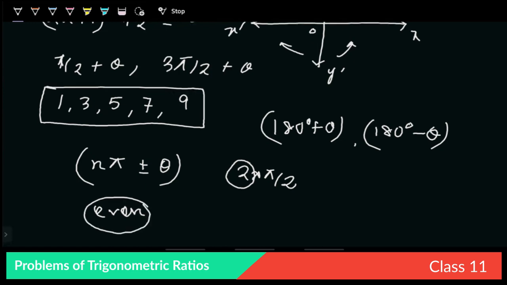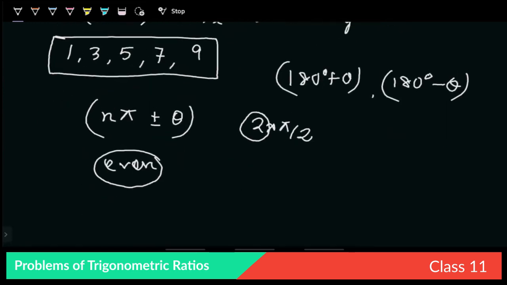So we can write in this case, that means when the trigonometric ratio is associated with horizontal line, then before the pi by 2, before 90 degree, we have an even number. That means the coefficient of pi by 2 will be an even number. That means 2, 4, 6, 8, these numbers.